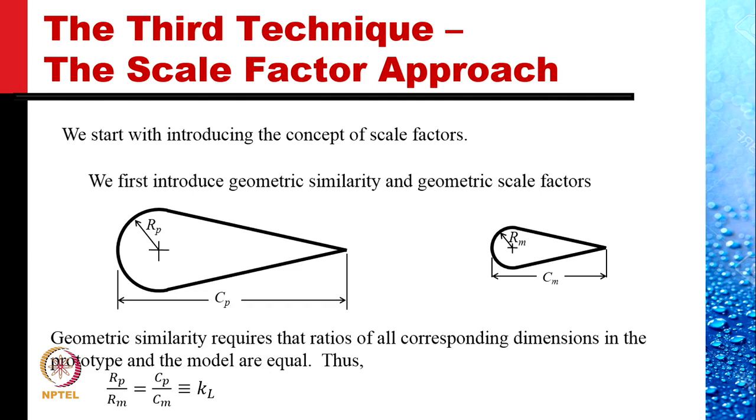If R denotes the radius of the nose of the body, then Rp by Rm, the radius in the prototype divided by radius in the model, is equal to the chord Cp of the prototype divided by the chord of the model. Each of these ratios being equal to K sub L. K sub L is read as the length scale factor.